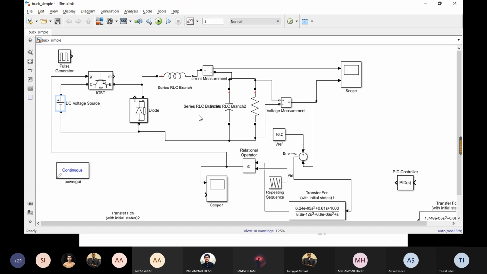By the way, you have to be careful when dealing with the power circuit and the information circuit. Okay. So for information, to process the feedback, you need an information data line. And for that you need these measurement blocks, because the measurement block gives us the data in terms of information.